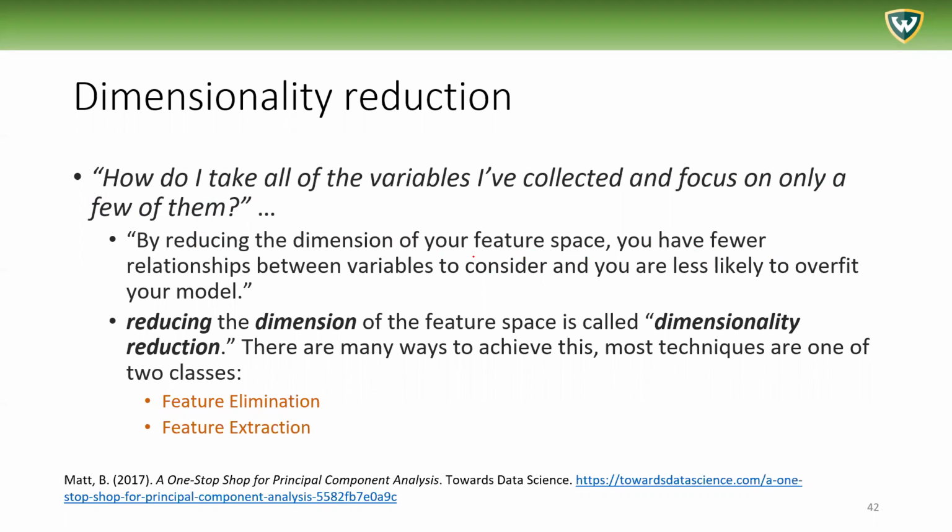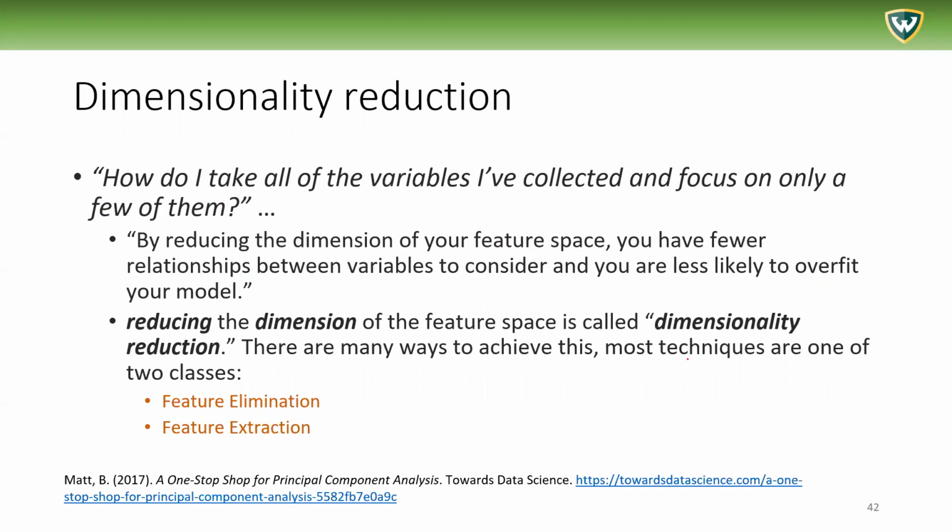By reducing the dimensions of your feature space, that is, your set of features, your set of variables, you have fewer relationships between variables to consider, and you're less likely to overfit your model. That is, include too many things in the model that may be useful for a particular case but won't generalize well. So reducing the dimension of the feature space is called dimensionality reduction.